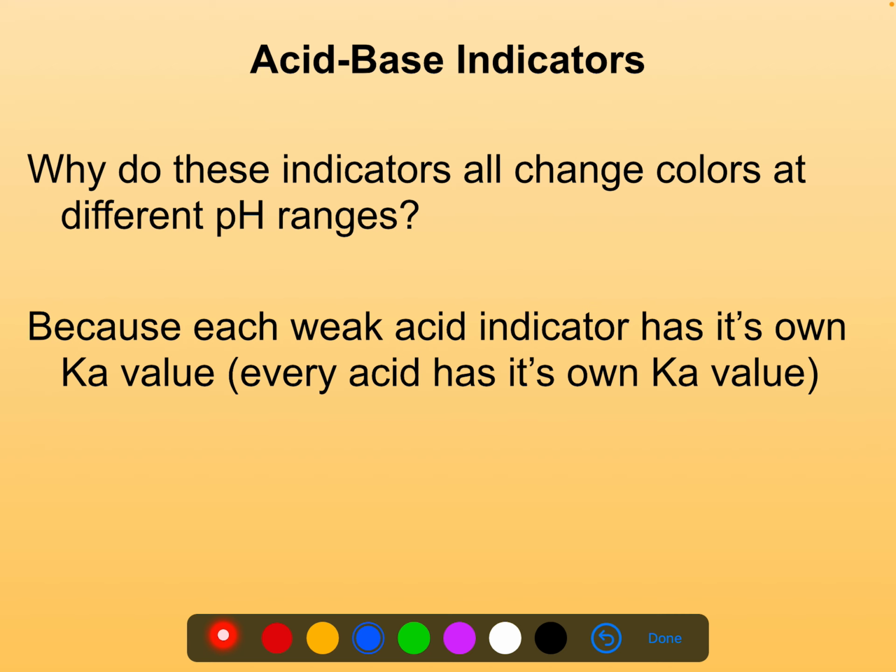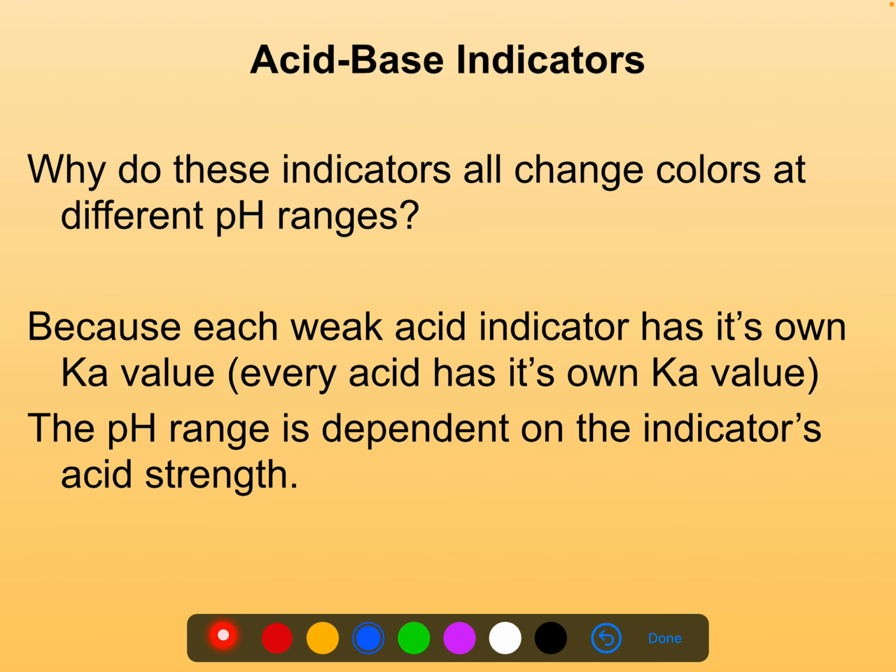So that's why they have a differing pH range. The pH range of when that color change occurs is dependent on the indicator's acid strength. So some of the weak acids, their color change is going to occur at those higher pH values.